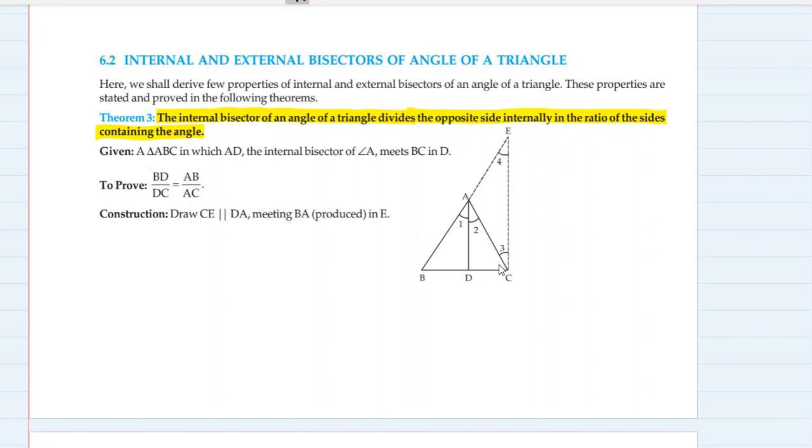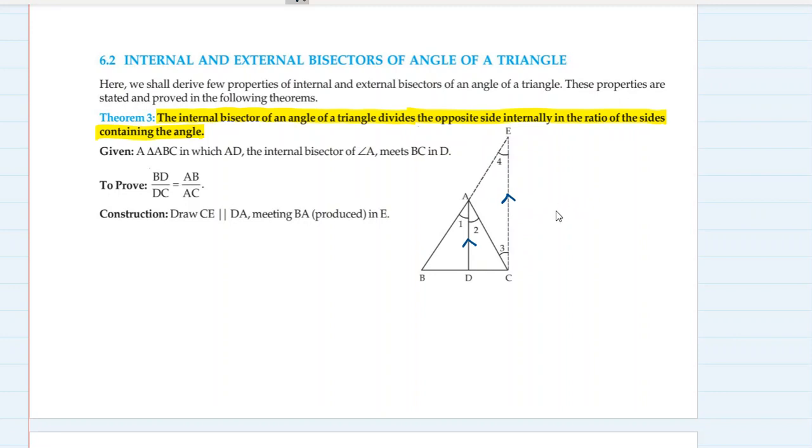You have to draw a line CE parallel to DA, meeting BA produced at E. So you produce BA and let it meet CE at point E, with CE drawn parallel to AD. Do you understand the construction?